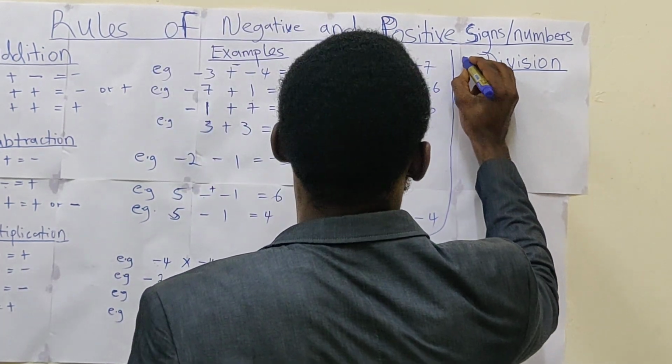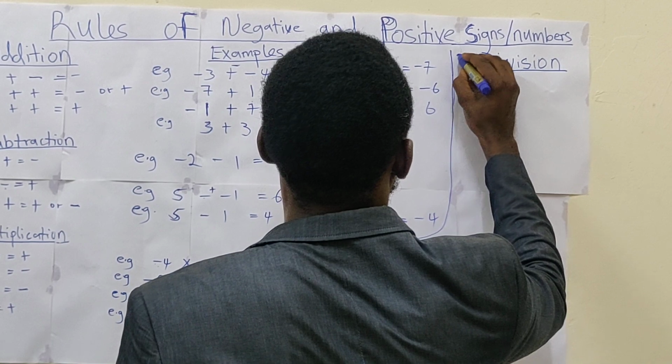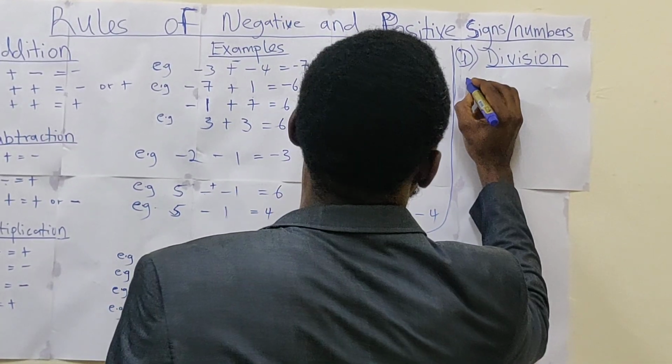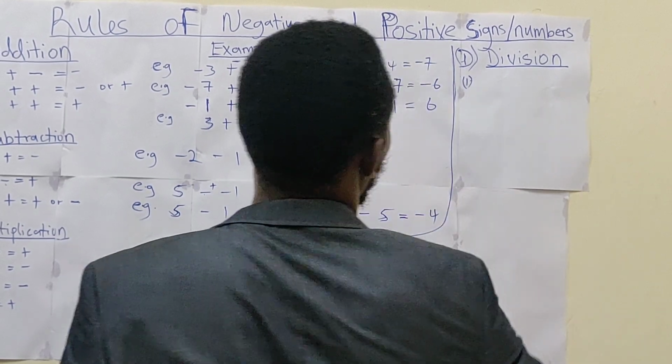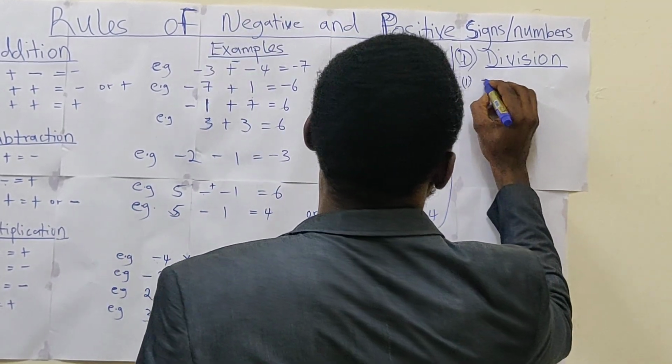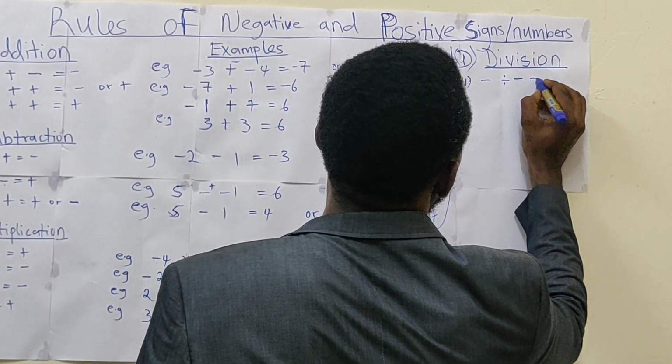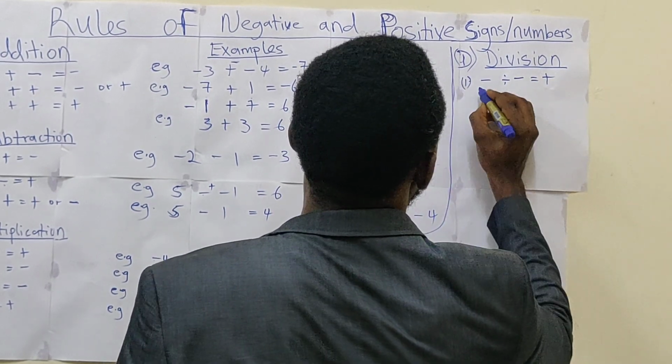Let's name this one D. First possible way, we can have negative divided by negative, which is positive.